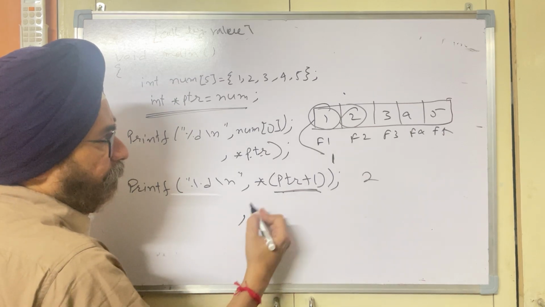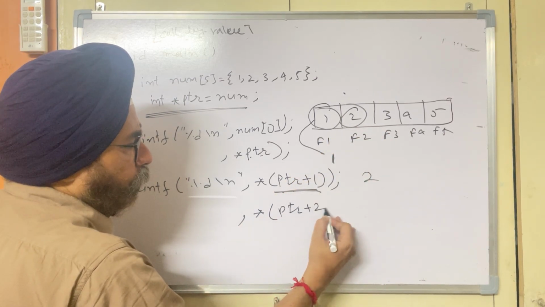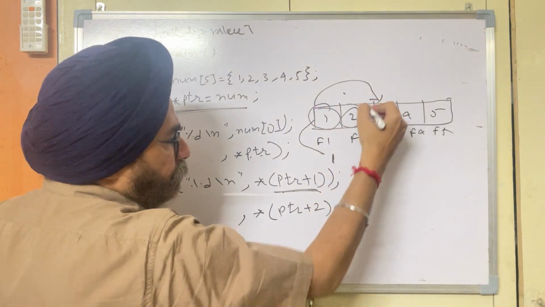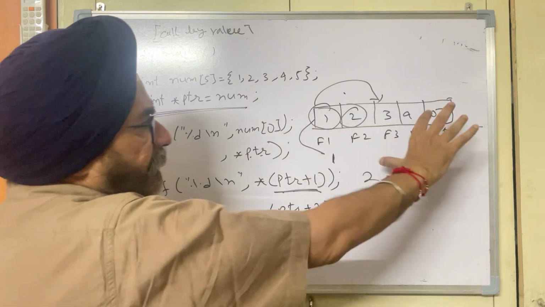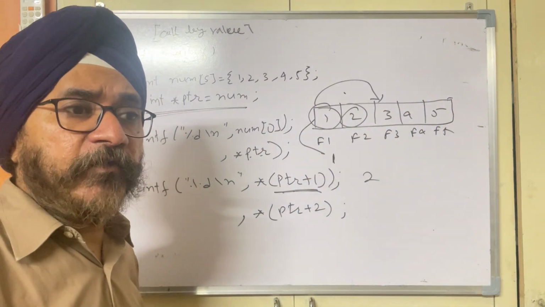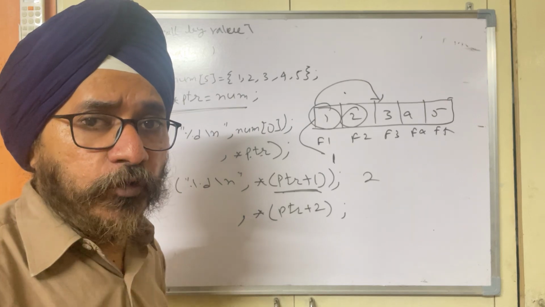In another way, if we need 3, ptr plus 2 will jump to here. In such a way, we reach all the elements. So what happens when we have 100 or 1000 elements? We need the concept of a loop.